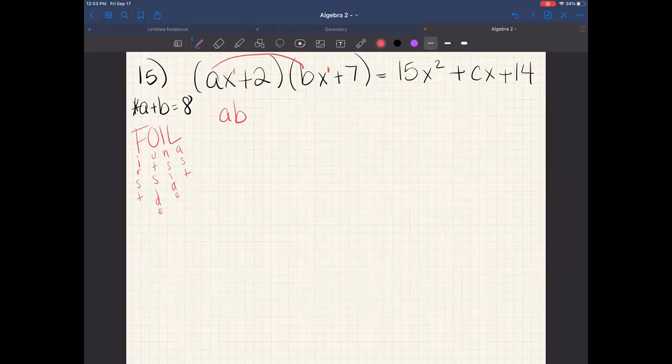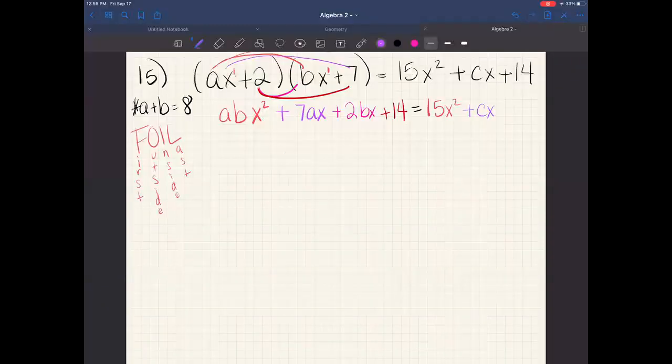Okay. Let's see. Okay, there we go. Plus cx, plus, actually, I need my red, plus 14.